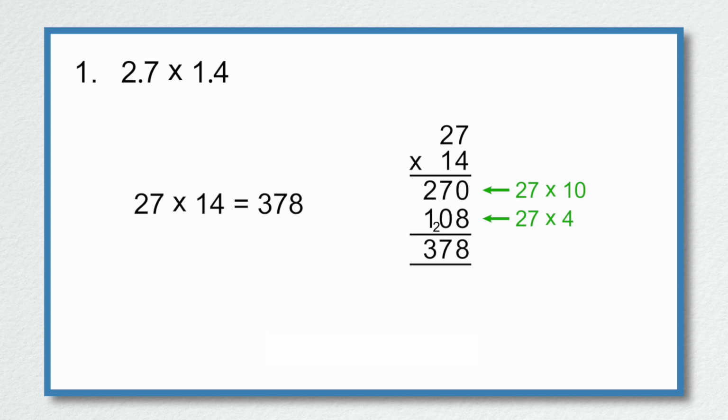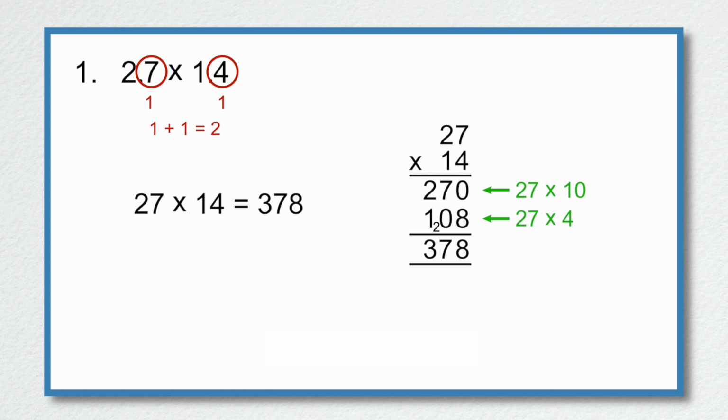But we want the answer to 2.7 multiplied by 1.4. And this is where the trick comes in here. So I'm going to count the number of digits after the decimal points in our original question. So we have 1 here and we have 1 here. So that's 2 digits after the decimal points.